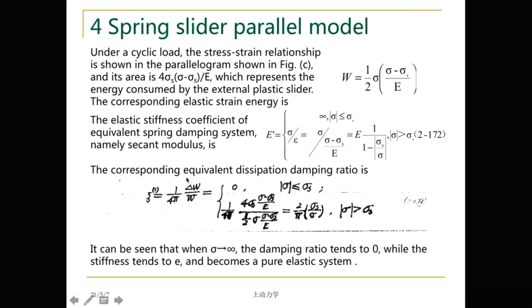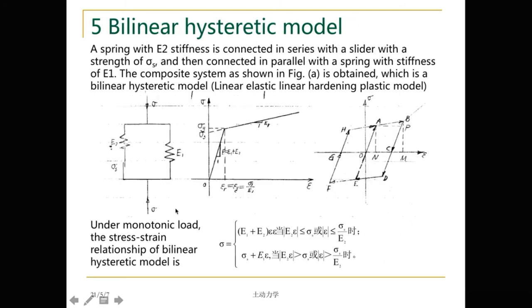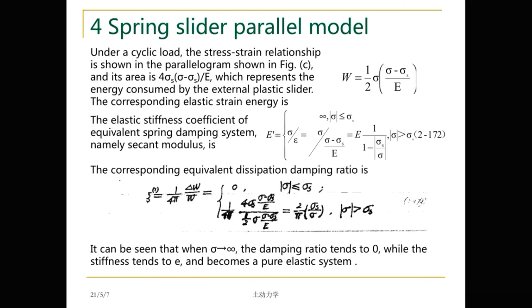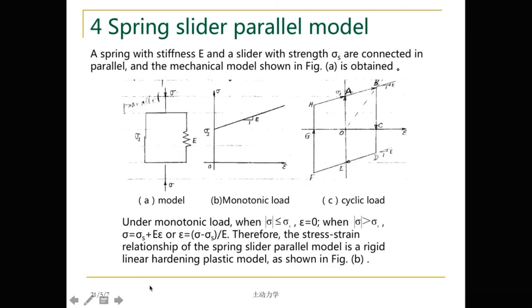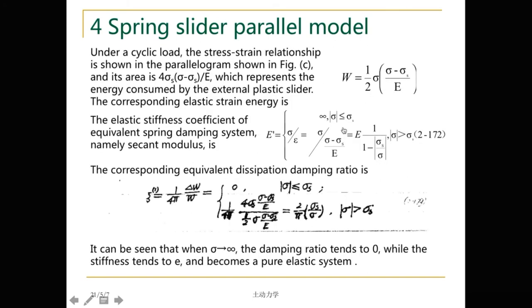The corresponding equivalent dissipation damping ratio is given in these equations. Damping ratio before failure, from OA to OE, is just an elastic body, and there's no energy dissipation, so the damping ratio equals 0.